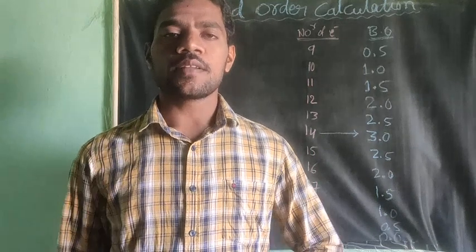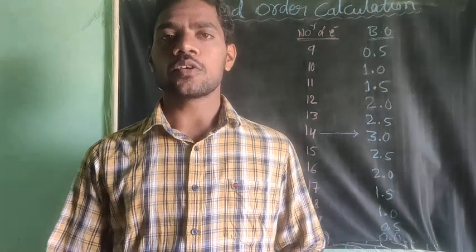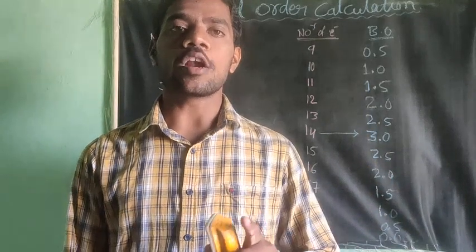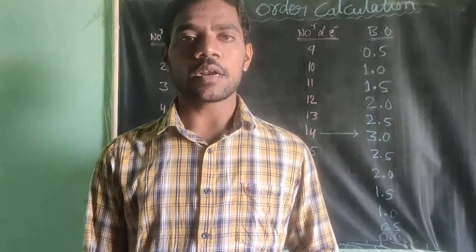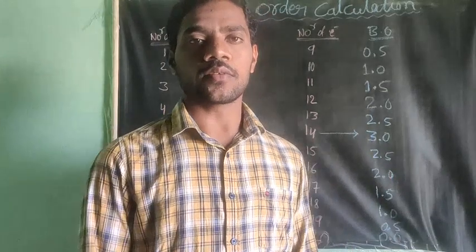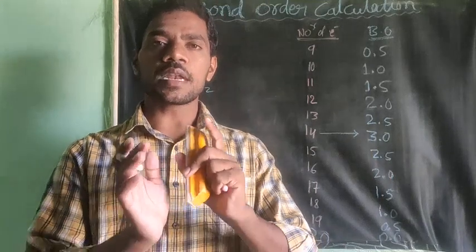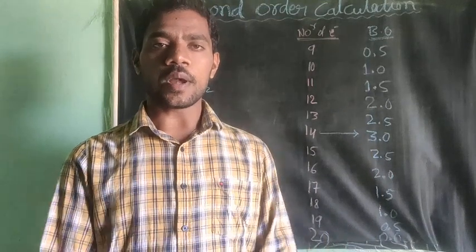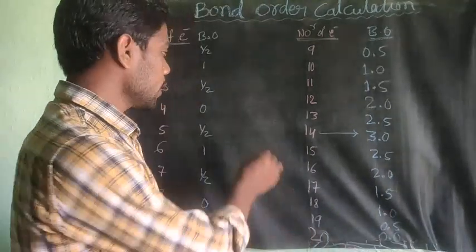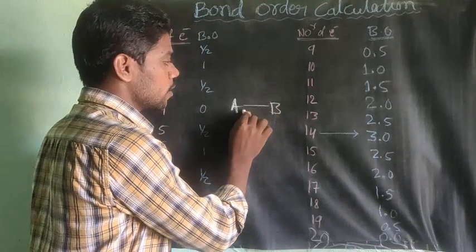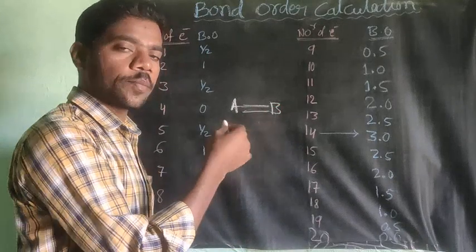So, what is bond order? Before going to the calculations, we have to understand what bond order means. Bond order means the number of bonds between two atoms. For example, A and B are two atoms. How many bonds are there between them?